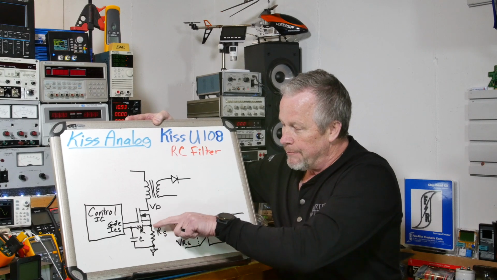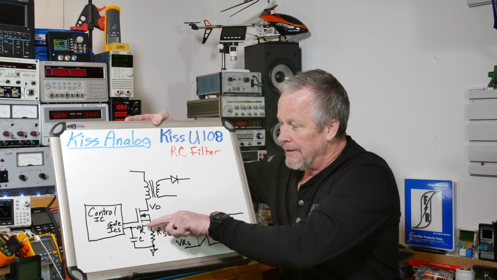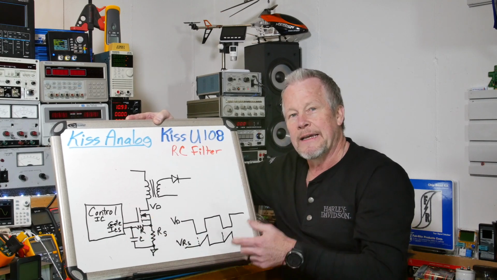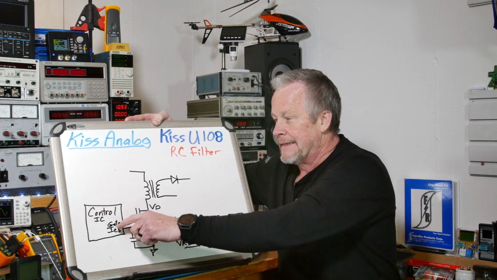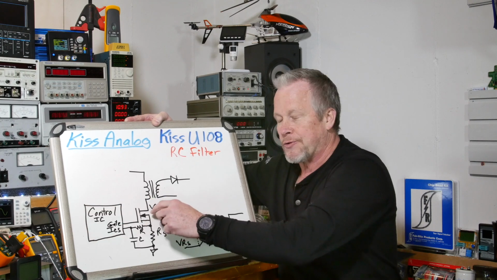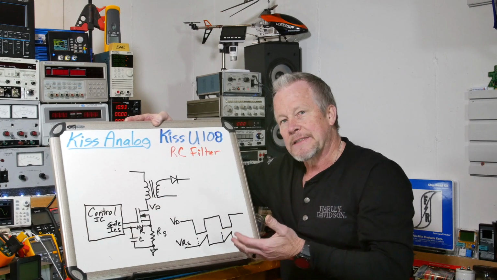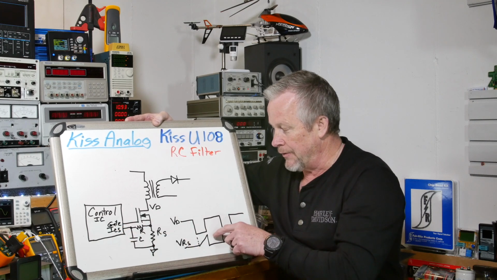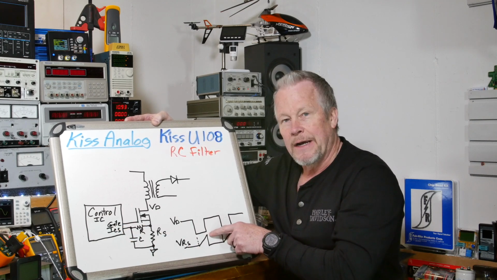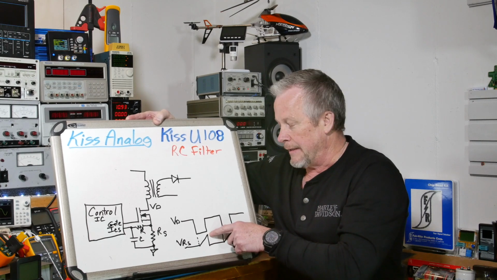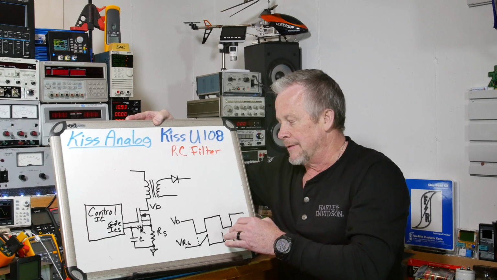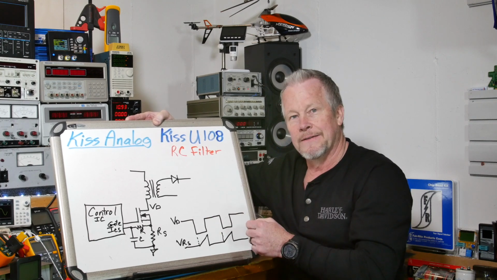So you pick up off this point right here, and you do this RC filter back to your current sense input. And this control IC that's controlling the FET, if it's in a current mode control, is looking for the peak value. Let's say this peak value, this triangle, before he says, okay, once that hits what equates to maybe 1 volt, turn off the FET.